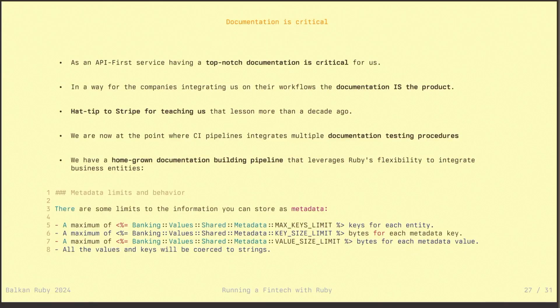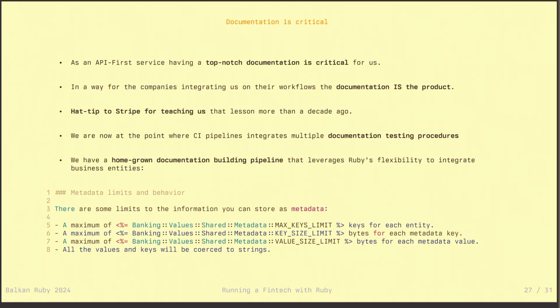And another example of what these kinds of thoughts bring us to do is the documentation. We are an API-first product. It actually becomes the product for the people that are integrating us. What they actually see is our documentation. They don't see our internal implementation.